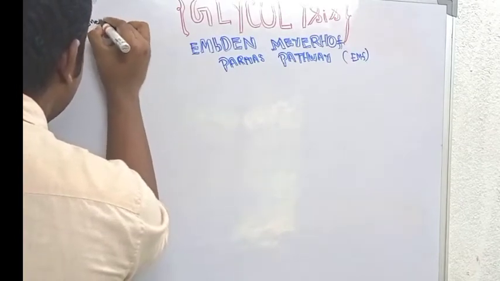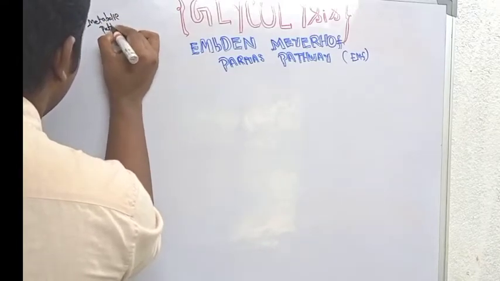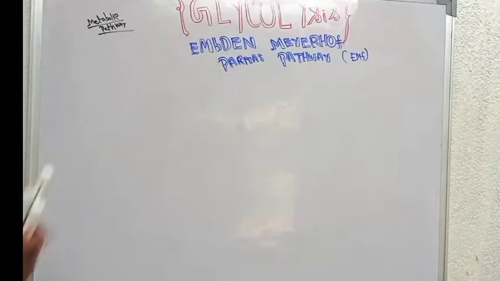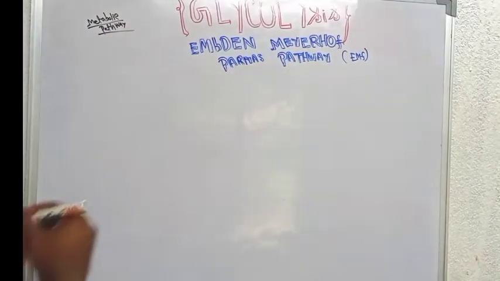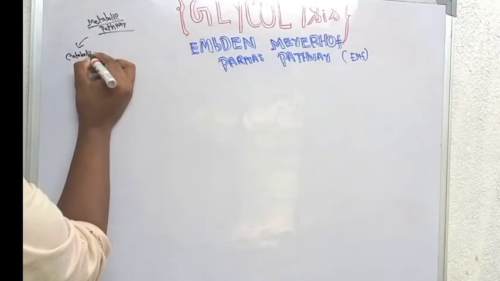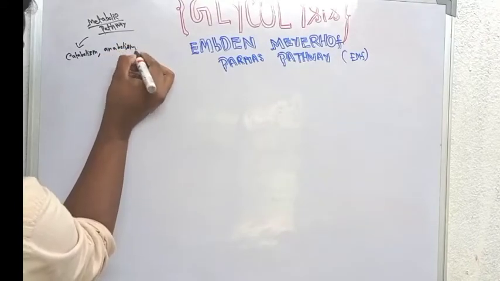What type of metabolism is it? Metabolic pathways are basically of two types: catabolism and anabolism.